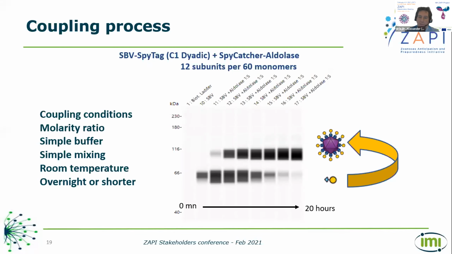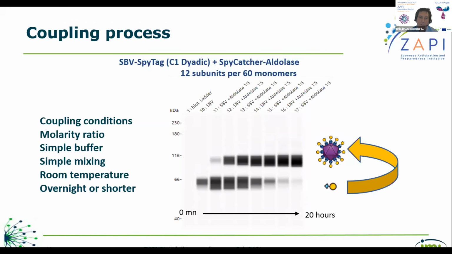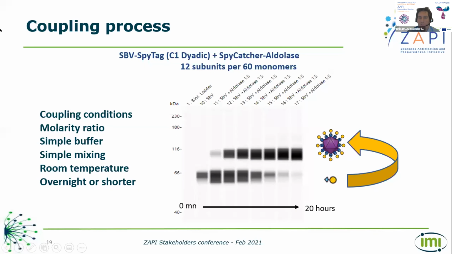To give you an idea what parameters we looked at, coupling conditions, it's mentioned below: what kind of temperature, what kind of time, room temperature, cooler, 1 hour, 24 hours, somewhere in that range. We looked at the buffers, we looked at the different ratios of the components, and we looked at the mixing conditions for the coupling.